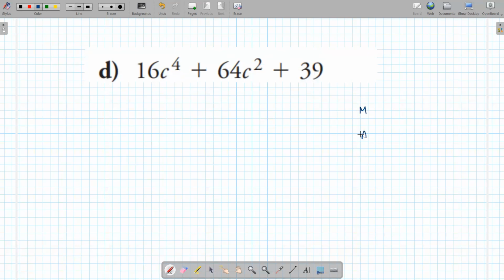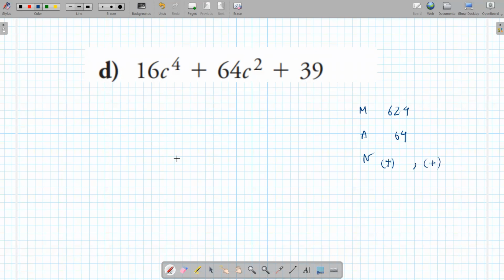So we're looking for a set of numbers that adds to 64. It's going to multiply to a huge number, 624. Where do we start with this? The fact that it multiplies to a positive number and adds to a positive number means both of the numbers are going to be positive, okay?